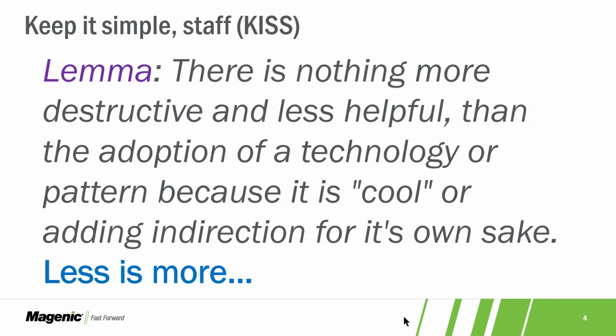Keep it simple. Don't write code because you think you might need it. This is particularly true for adding in layers of abstraction for their own sake. Don't get me wrong.